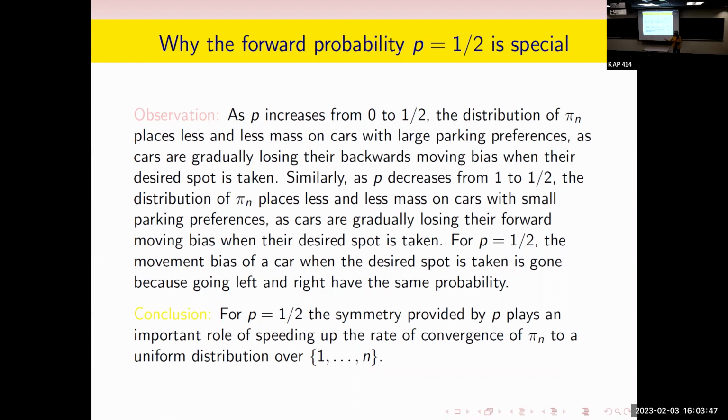Because when p is 1, if it's a small parking preference and it's already occupied, it will just drive forward. At p equals 1/2, it doesn't have that edge anymore in order to drive forward. Similarly from 0 to 1/2, it will place less and less mass on cars with large parking preferences. So for p equals 1/2, it should be about the same preference for every car, and that gives you the uniform distribution.